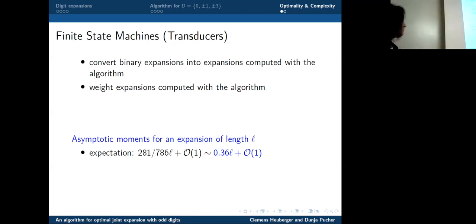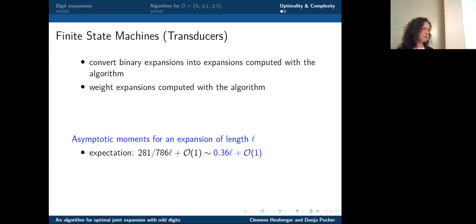The expectation of an expansion of length L is approximately 0.36 L plus terms of order 1. And what does this mean? This means that our joint Hamming weight for pairs of integers, if we have an expansion of length L, will be 0.36 L.